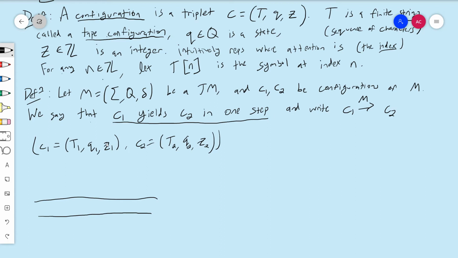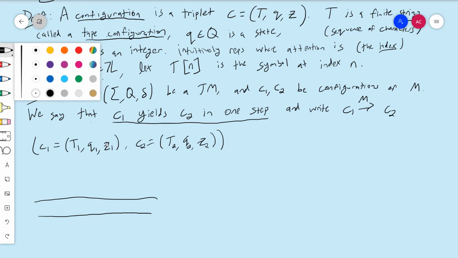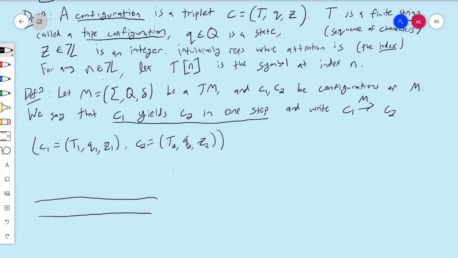There we go. So what does this configuration look like?